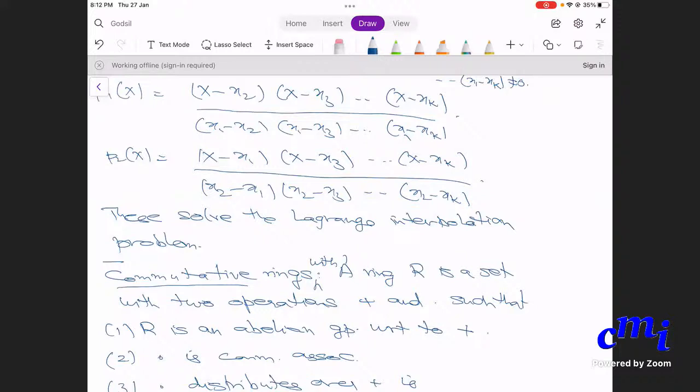There is no other polynomial of degree less than or equal to k minus 1 that works. So if there is a least degree one, that must be the answer. We need to prove this, but once we have proved it, it implies that this is the polynomial of least degree which works. We will address this uniqueness question next time.